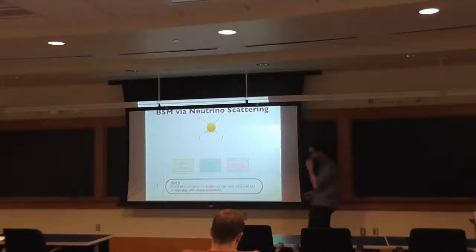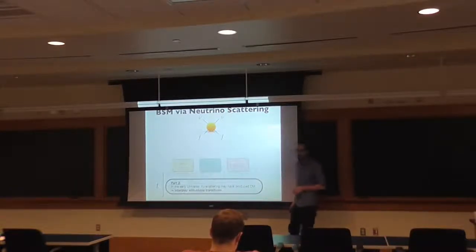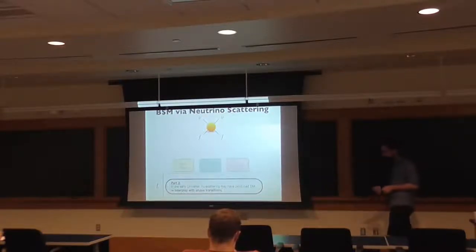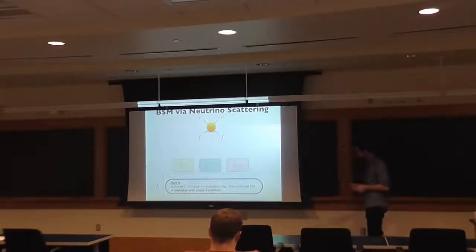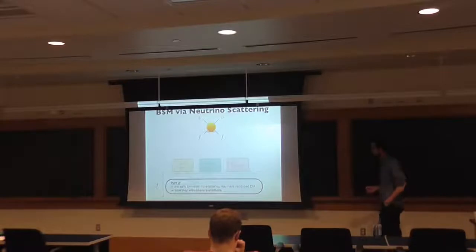And then in part three, the first two parts are basically looking at neutrino scattering in present day experiments, and in the final part, I'll see what neutrino scattering could have done for us in the early universe as it relates to dark matter. Neutrino scattering may have been the way that dark matter was produced in the early universe and have some interesting interplay with phase transitions that were going on at early times.